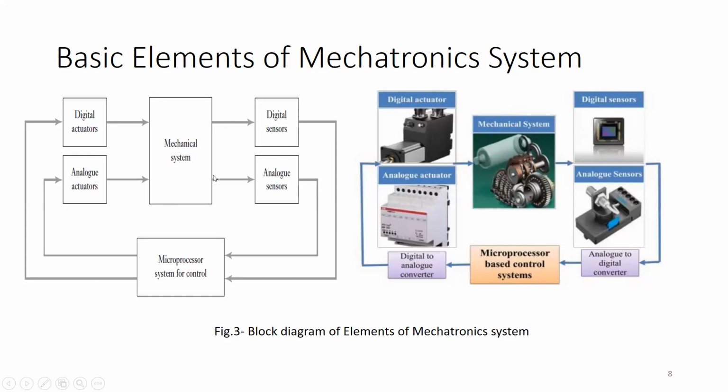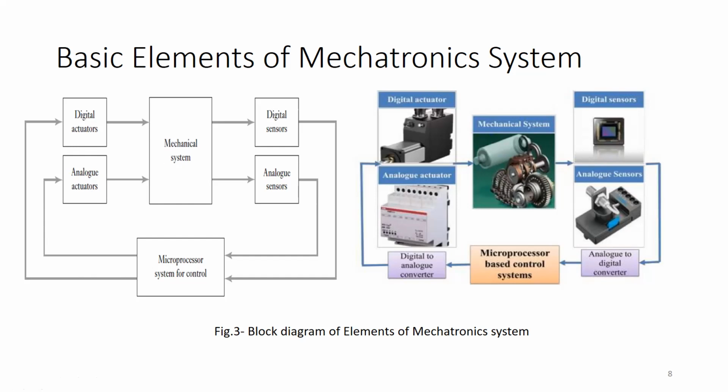They will be sensing some data from that mechanical system when it is working, and they will be giving that data to the microprocessor or microcontroller, which is controlling the process. And then that microcontroller or processor will give signal to the digital or analog actuators, which will then run the mechanical system. Okay.